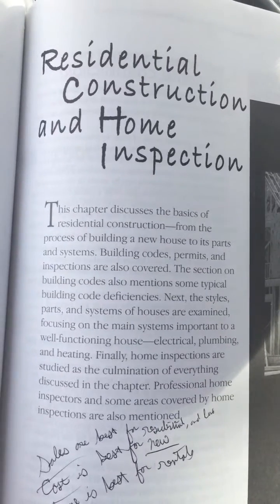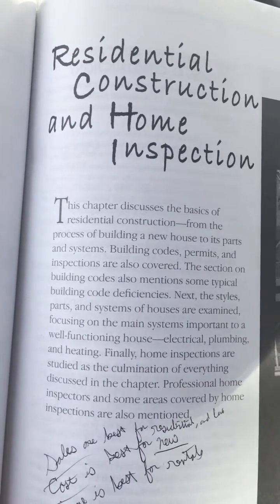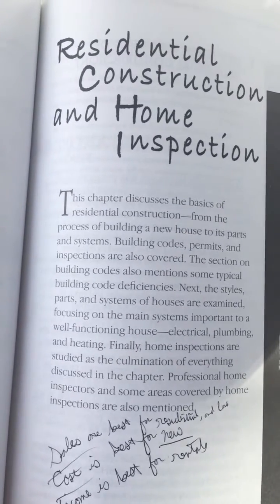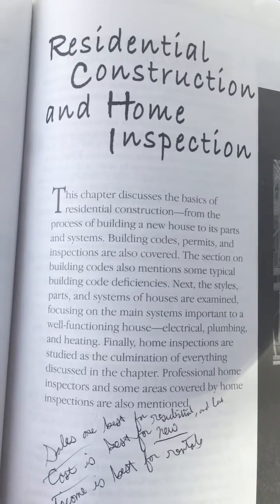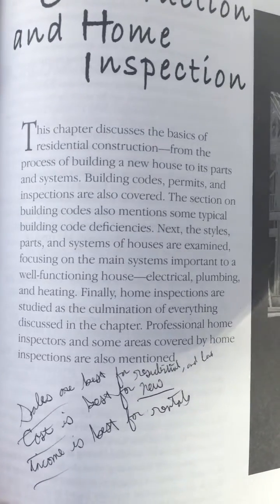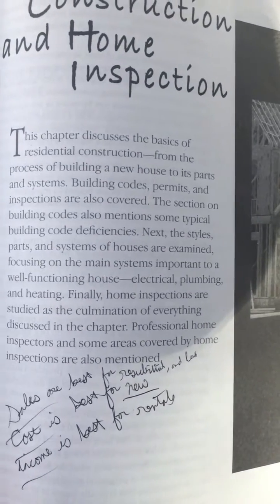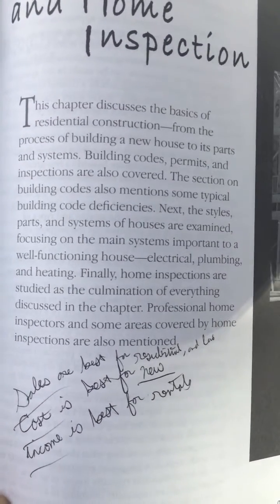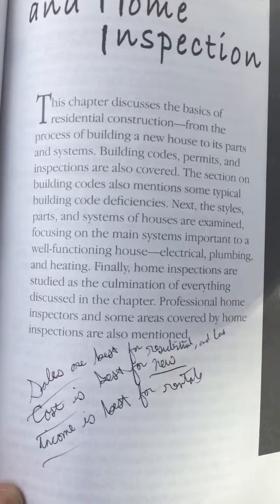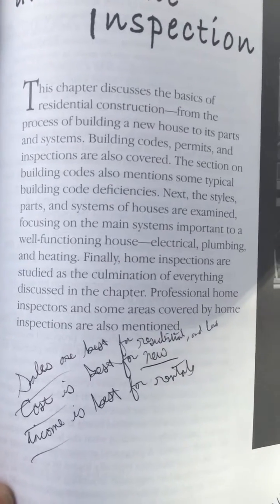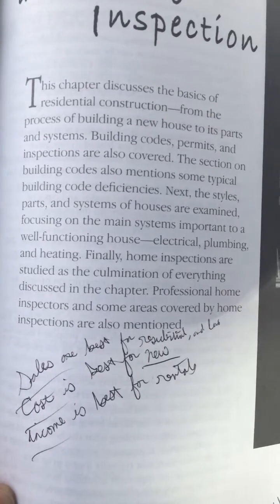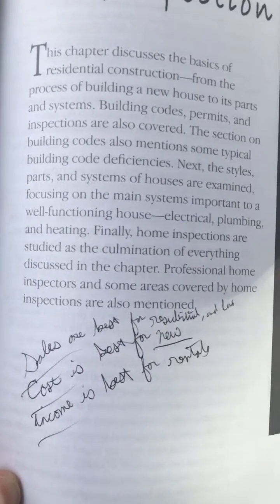Next, the styles, parts, and systems of houses are examined, focusing on the main systems important to a well-functioning house: electrical, plumbing, and heating. Finally, home inspections are studied as the culmination of everything discussed in the chapter. Professional home inspectors and some areas covered by home inspections are also mentioned.